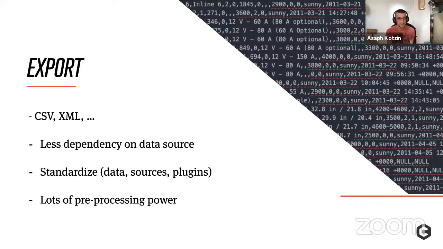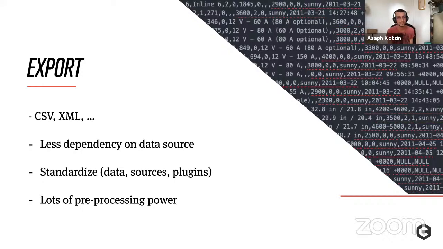Another important part is the standardization and the pre-processing power. It can be tempting to try to manipulate and process information as part of the migration script. And many times we don't have any other option. We have to do that. But there's a lot of data that we can pre-process before we bring it into the system.